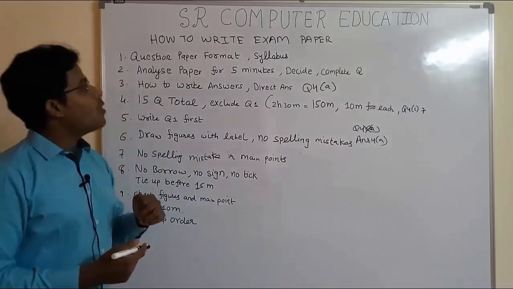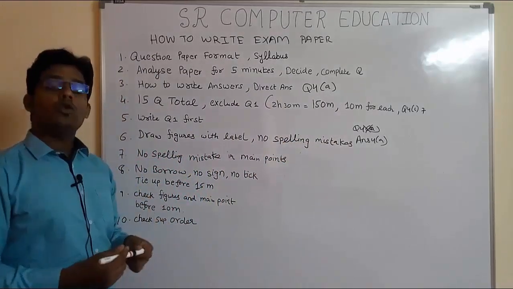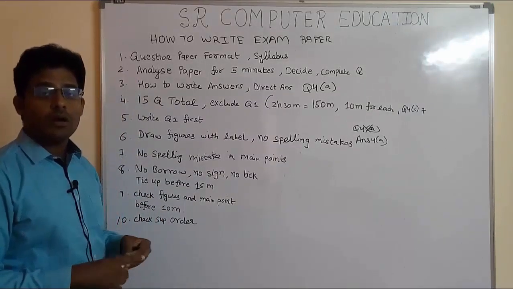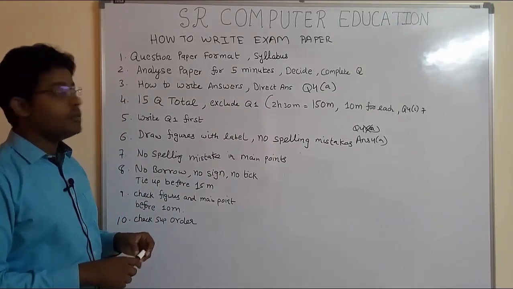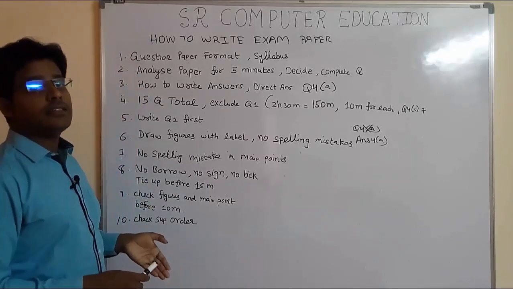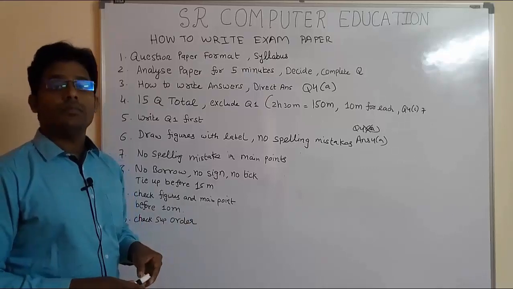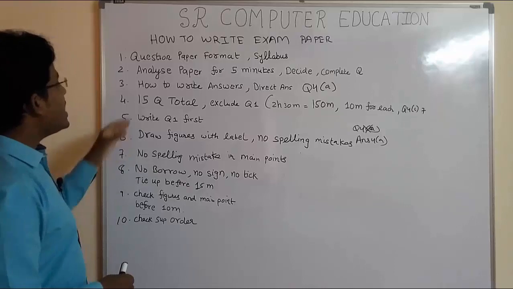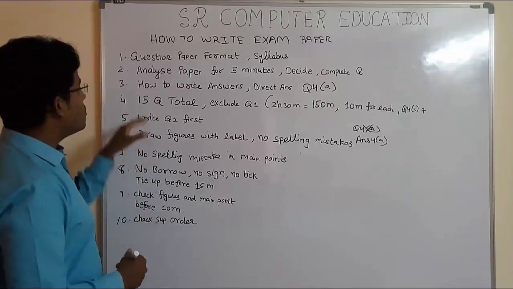Now the fourth point is total time. There are 5 questions in the diploma engineering paper. I am talking about the diploma engineering question paper here. You can apply all these tips and techniques to any question paper, whether it is degree engineering or any other paper, but right now I am discussing diploma engineering.